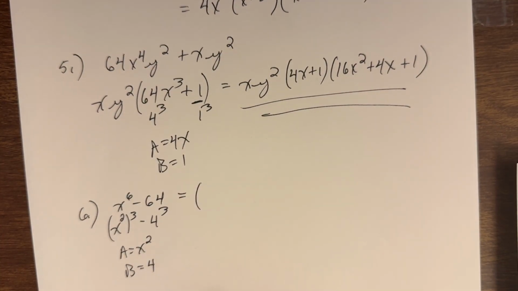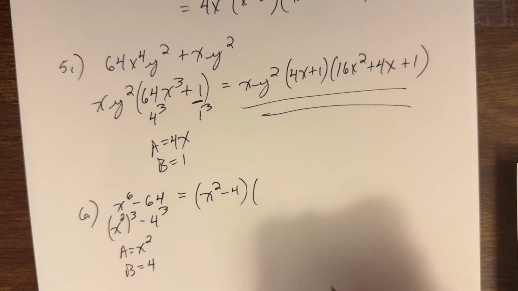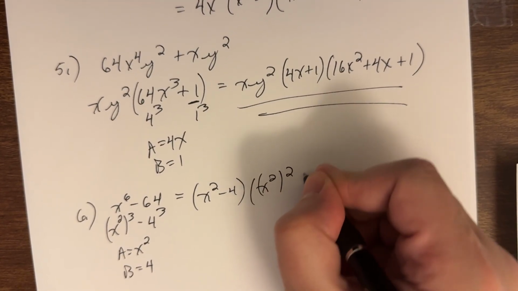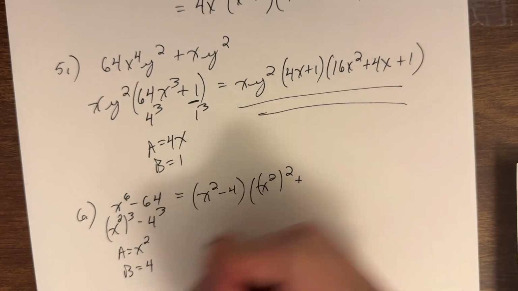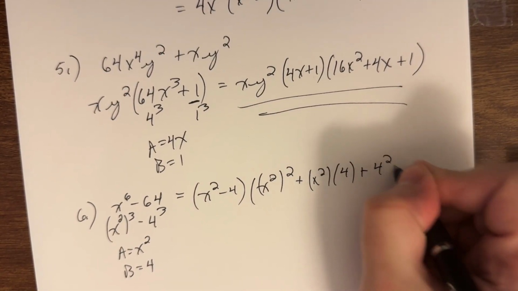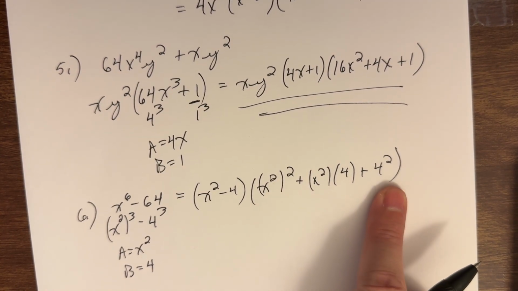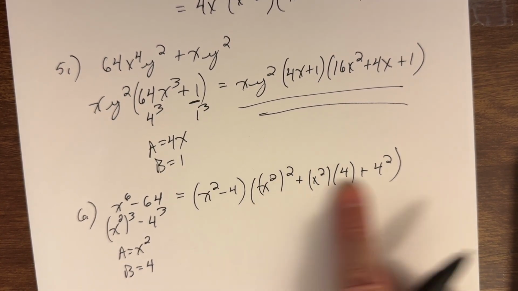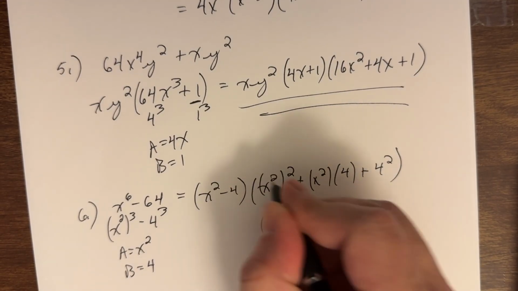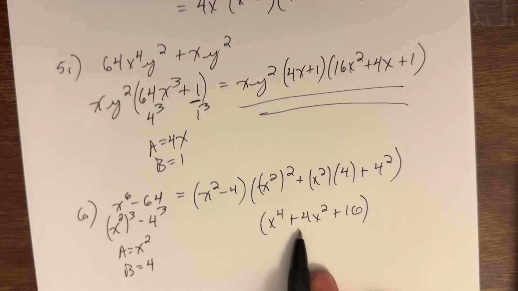I follow my formula, a minus b, x squared minus 4, then x squared squared plus x squared times 4, and then the 4 squared. A squared plus ab plus b squared. And that's typically where we say, okay, let's clean that up a bit. So I get an x to the 4th, I get a 4x squared, I get a 16.